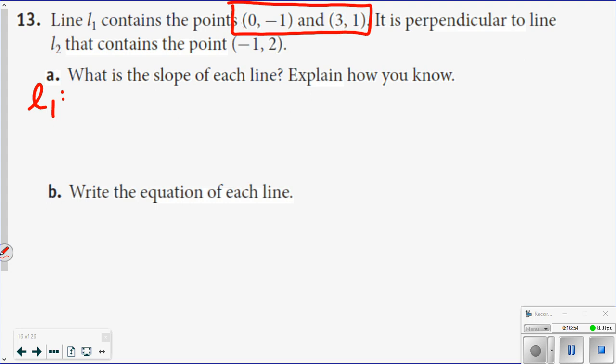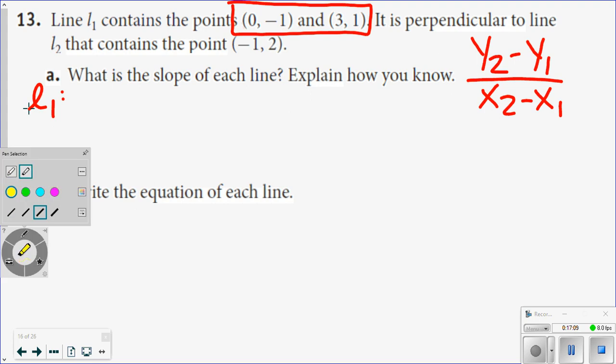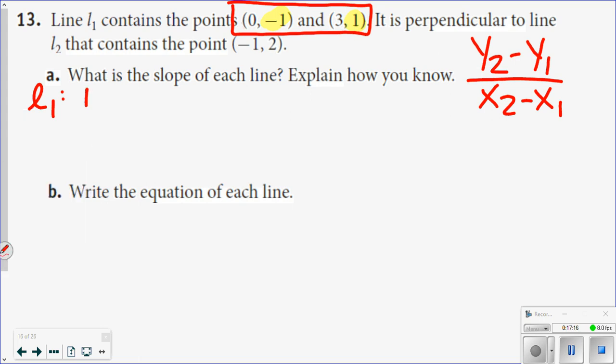We have the slope formula, right? y2 minus y1 over x2 minus x1. So y2 minus y1, let's write that down first. So we have 1 minus a -1. 2 negatives make a positive, so 1 plus 1 is 2.